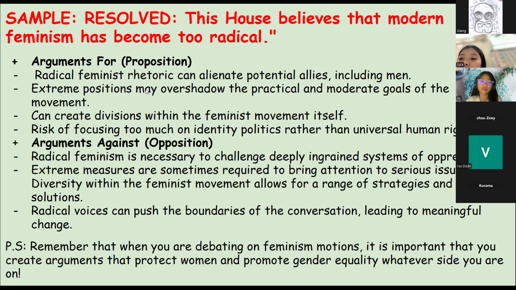Remember that when you are debating this motion, it is important that you create an argument that protects women and promotes gender equality, whatever side you are on. Feminism motions mean that women are protesting in the streets. So you have to create an argument that protects women and supports gender equality. You must not favor the women's side. You must not favor the men's side. You have to favor both sides.